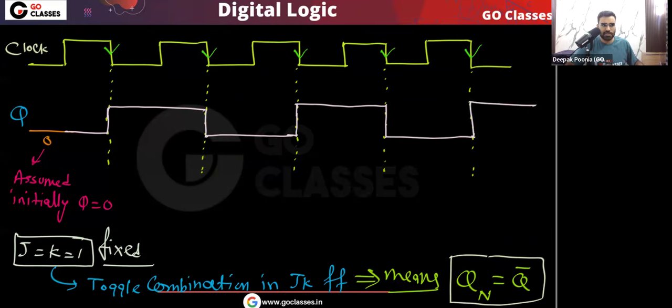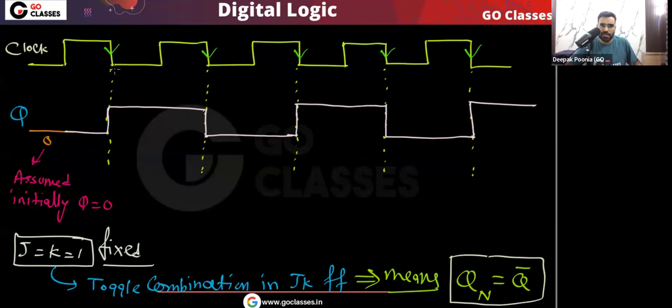So this is your Q output waveform. Now you can easily notice one thing in this Q output waveform: what is the cycle time, or I can say what is the clock period. Clock period means the time period between two consecutive rising edges, or the time period between two consecutive falling edges, correct? Yes or no?